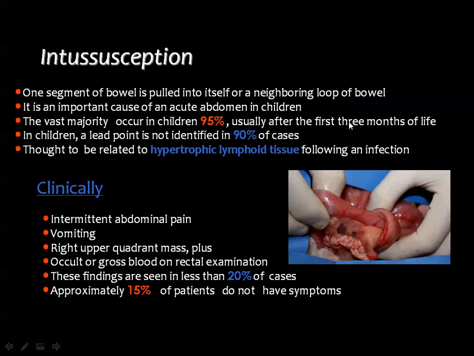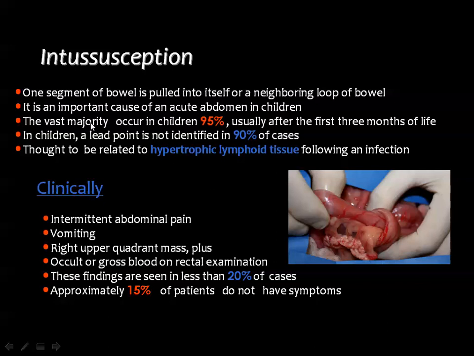And the cause of this is not well appreciated in the pediatric age group in particular. In adults, the causes are usually secondary to tumor masses, but in children, it is assumed to be hypertrophic lymphoid tissue secondary to infection.